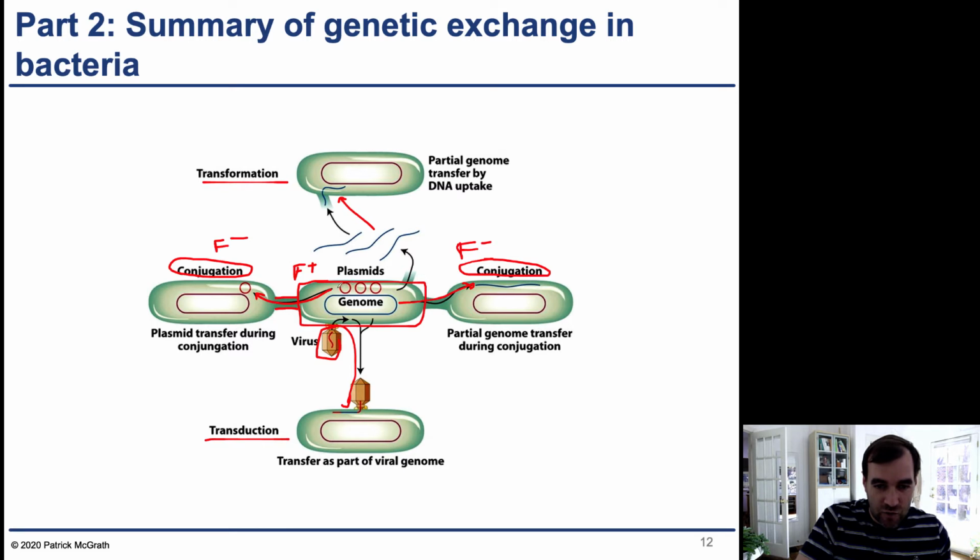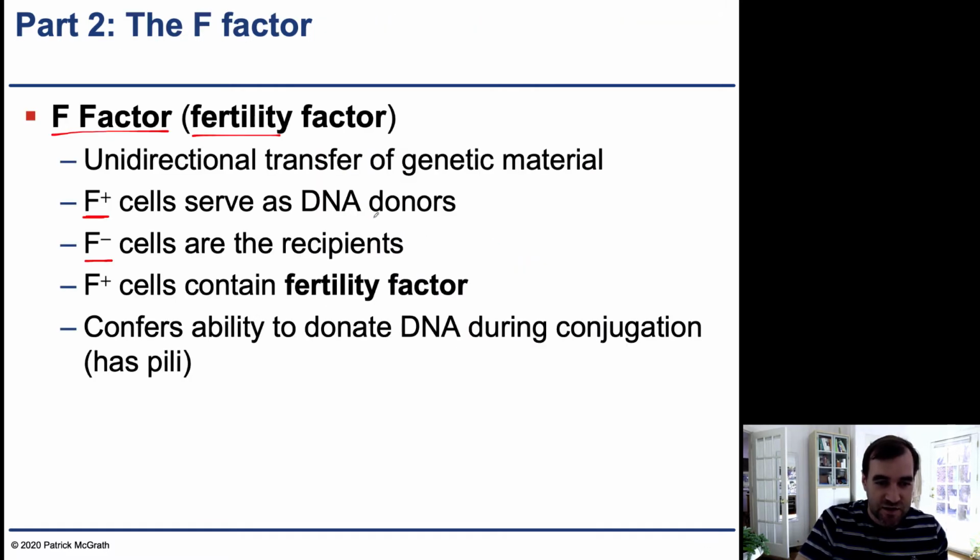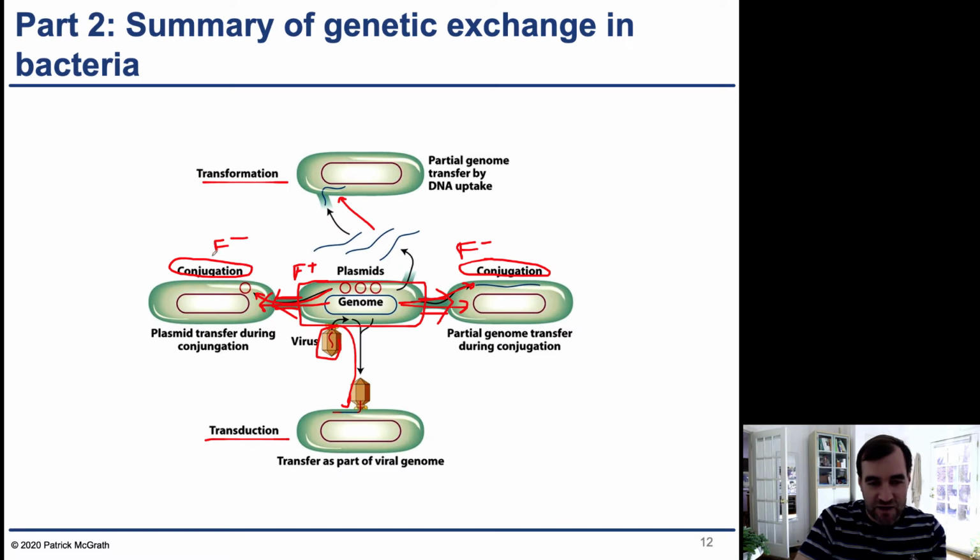F plus cells are able to build these pili bridges, and these pili bridges act as one-way channels where DNA can go through. The reason they're F plus cells is they know how to build these pili and send DNA into the other cells. These F minus cells don't know how to build the pili, and they don't know how to send DNA into the other cells. So they can only receive whatever is sent in.